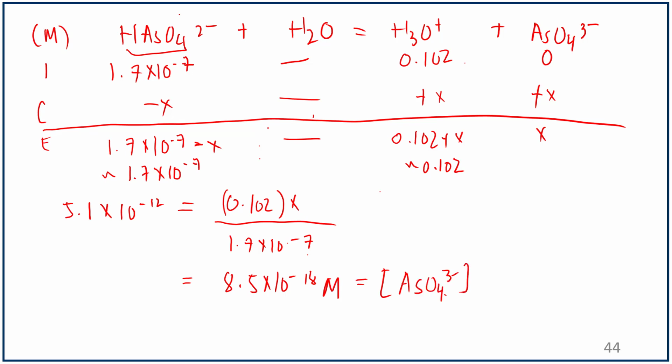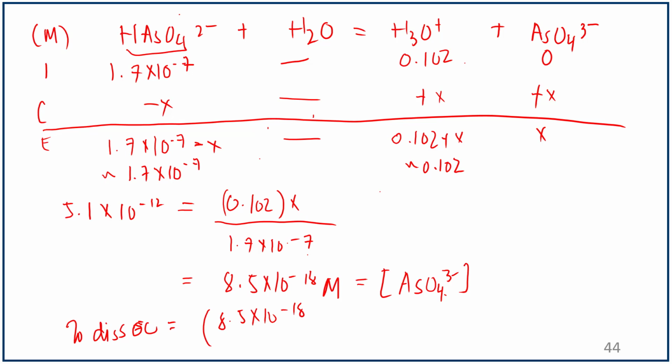Again, if we solve for percent dissociation, just to see if we are following the 5% rule, percent dissociation is equal to 8.5 times 10 to the minus 18. At this point, if you're not even asked for percent dissociation, I don't think you should even calculate it.